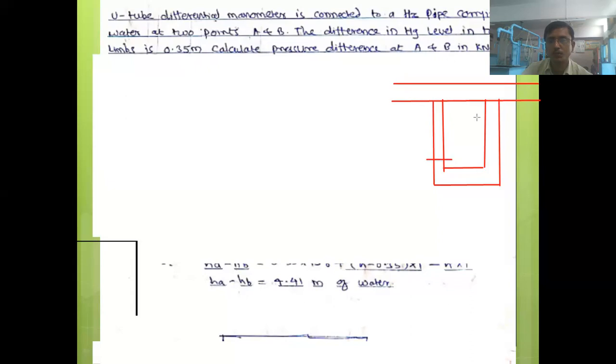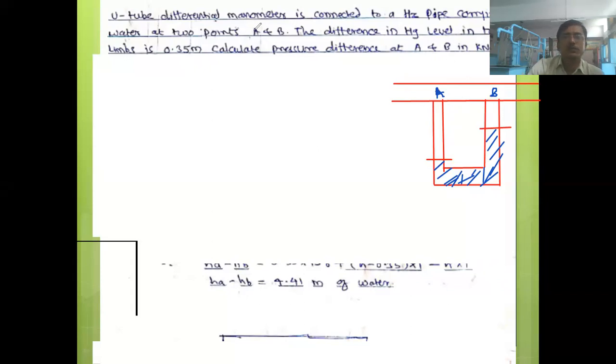This is the lower level. This is the higher level. This is the manometric fluid present here. Let us call this point A, and this is point B.